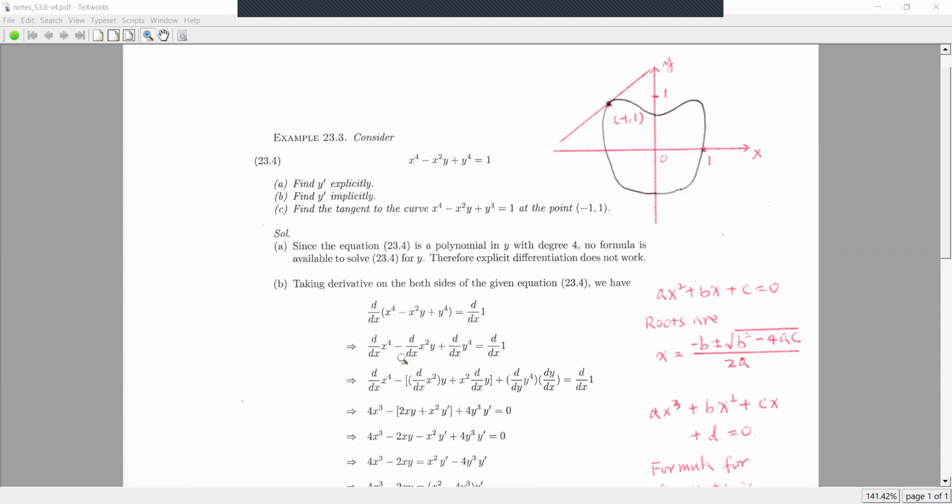By the product formula, this derivative is equal to the derivative of the first function, x squared, times the second function, y, plus the first function times the derivative of the second function. About the third derivative, we cannot compute it directly because x and y are different.